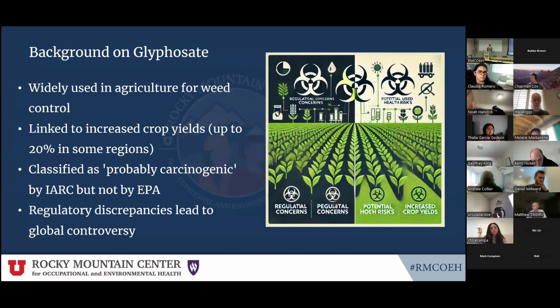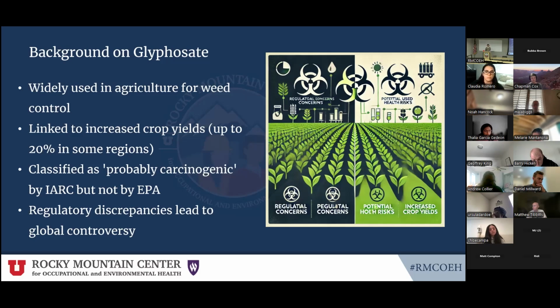So a little bit of background on glyphosate. Glyphosate is a broad-spectrum herbicide. It is used extensively in agriculture to control weeds and improve crop yields. It has been classified as probably carcinogenic by the International Agency for Research on Cancer, the IARC, yet regulatory agencies such as the U.S. Environmental Protection Agency, the EPA, and the European Food Safety Authority, EFSA, have not classified it as a carcinogen.